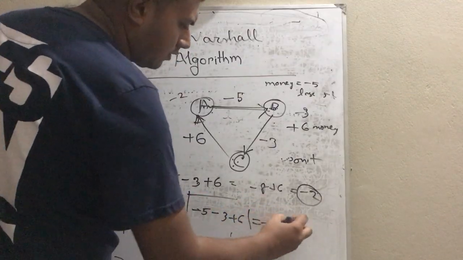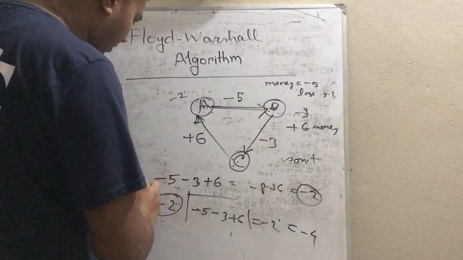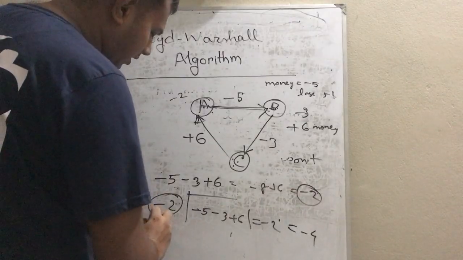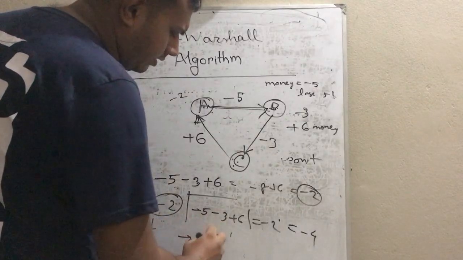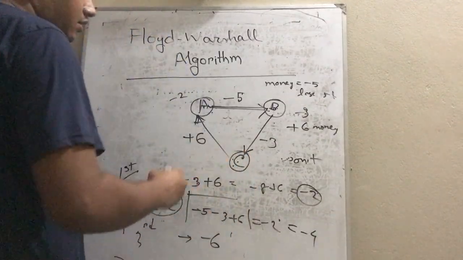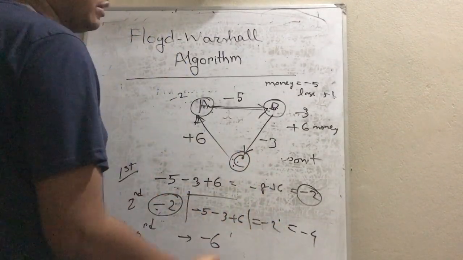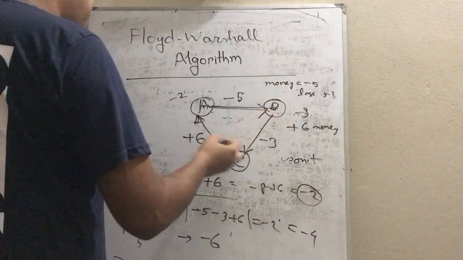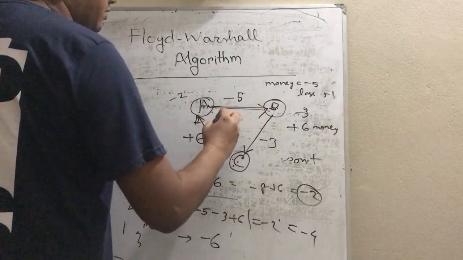Minus 2 minus 2 equals minus 4. So for the third cycle we get minus 6. So this is a negative cycle and it goes on indefinitely, the cycle never ends.